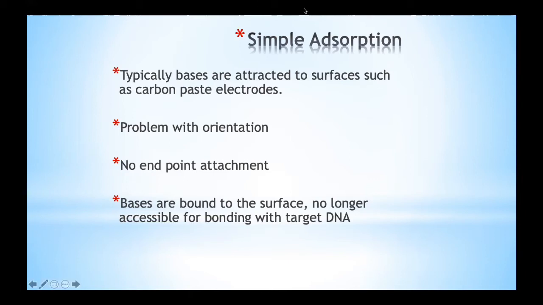As well as immunobiosensor, it requires the antibody to be attached in a specific orientation on top of the sensor surface. Then again, simple absorption is not practical for those two types of biosensor.